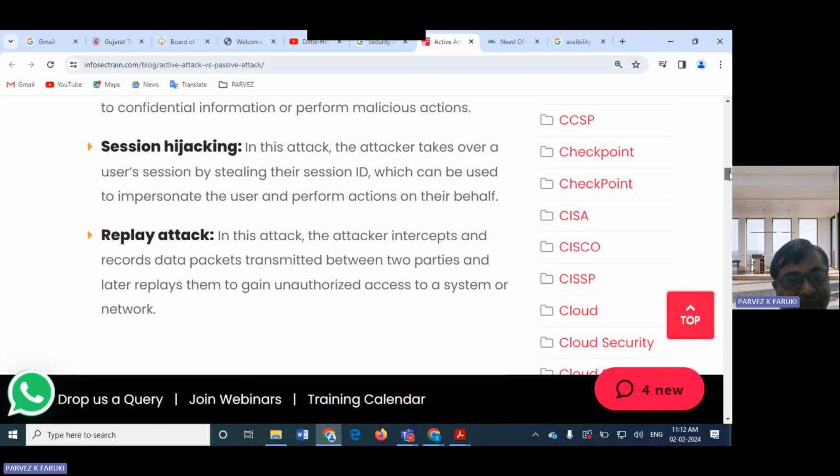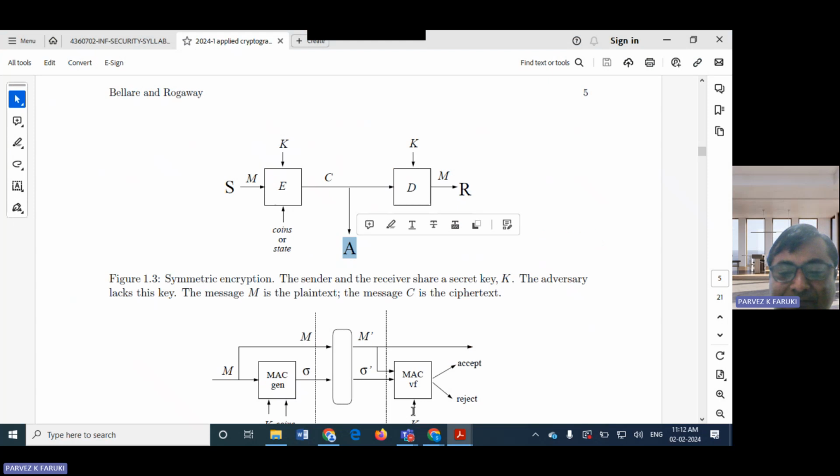So I would say passive accompanies active. Passive attacks are very dangerous. However, passive attacks don't directly attack the target. Passive facilitates the target.